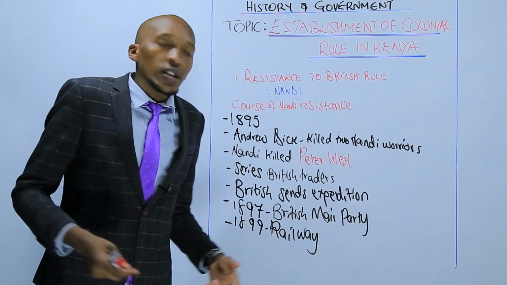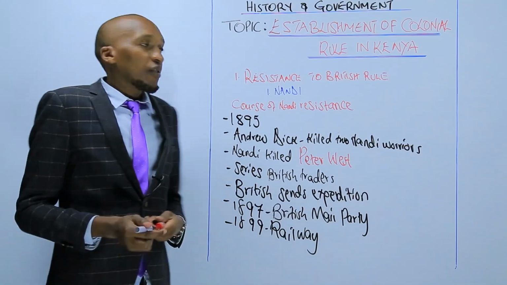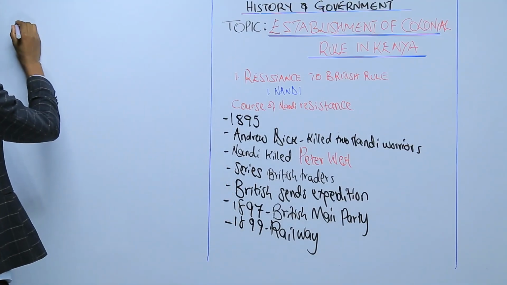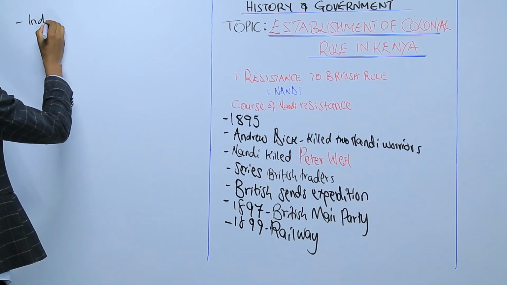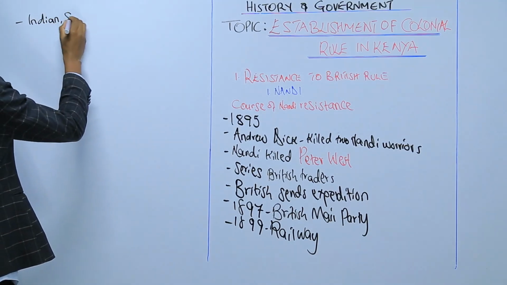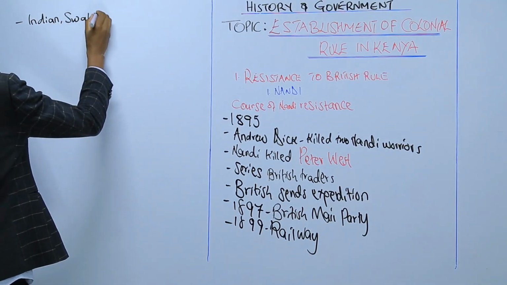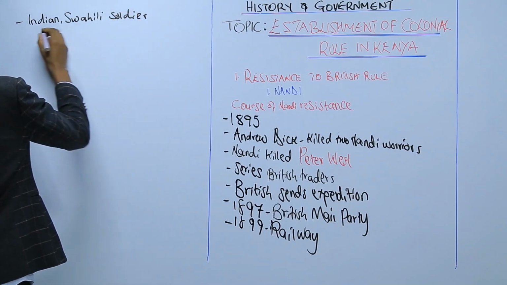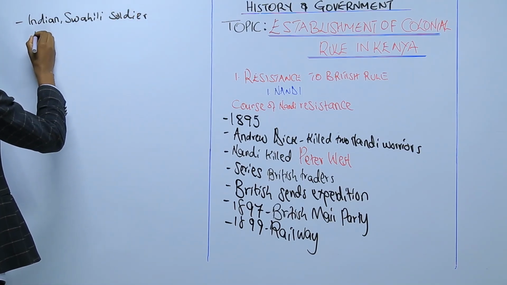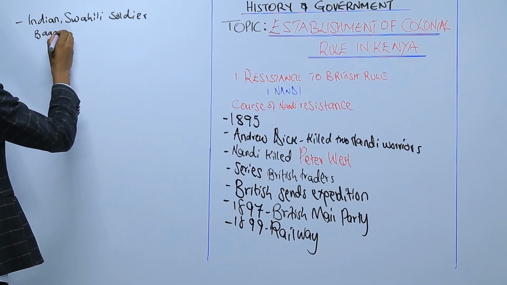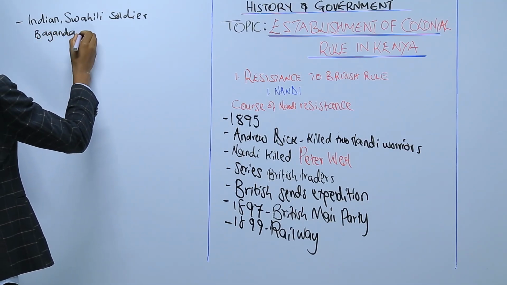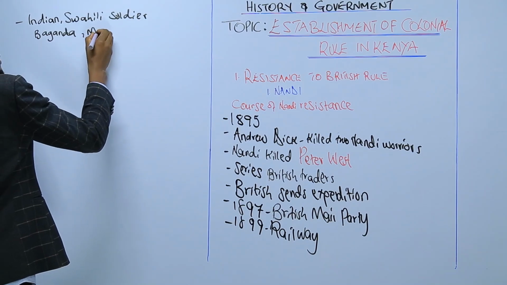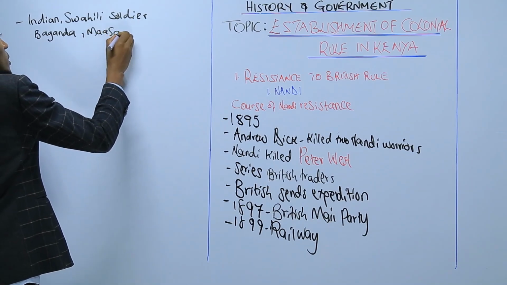So they tried to bring other people, and I have mentioned they tried to bring the Swahili soldiers, and also hired the Baganda together with the Maasai auxiliaries.